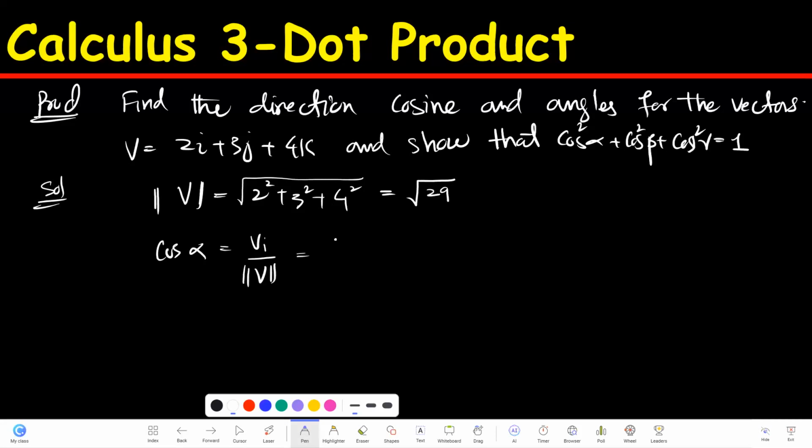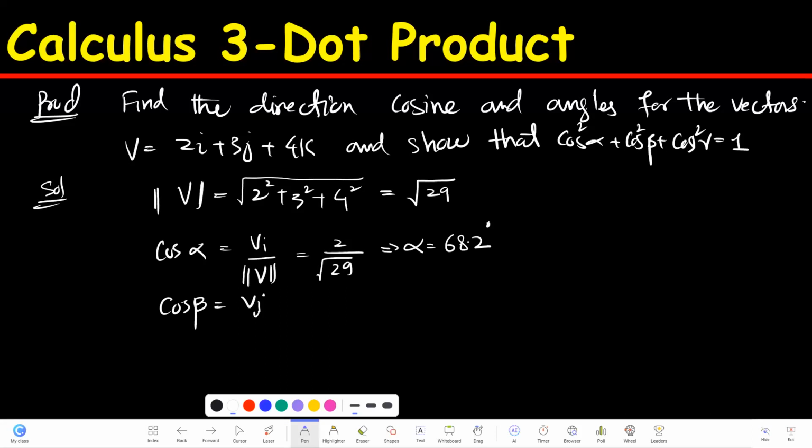Here vi is 2, so 2 over square root of 29. So alpha equals cosine inverse of this. You're going to get it in radians, and you can convert it to degrees because I want it in degrees. That's what we got. Make sure you check those answers.